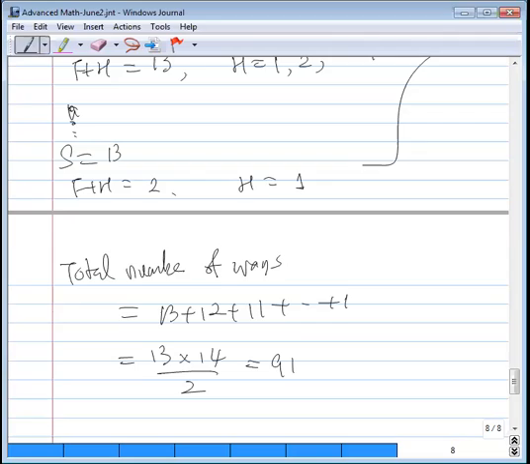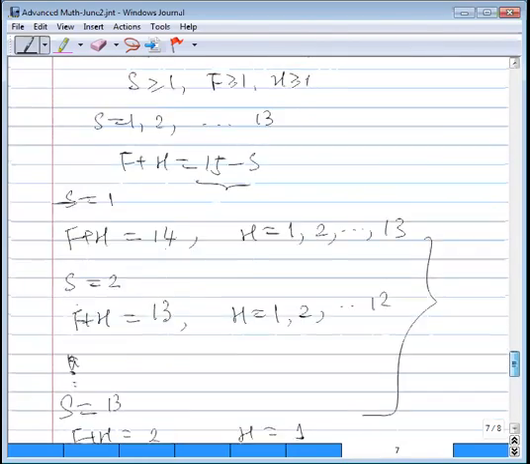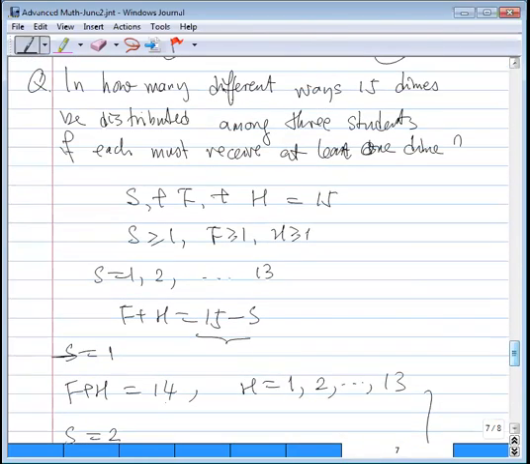Let me repeat again. You have 3 unknown variables. To find all the possible combinations, you have to choose a value for one of them. Then for the other 2, add them together, and you can quickly figure out how many possible solutions there are.